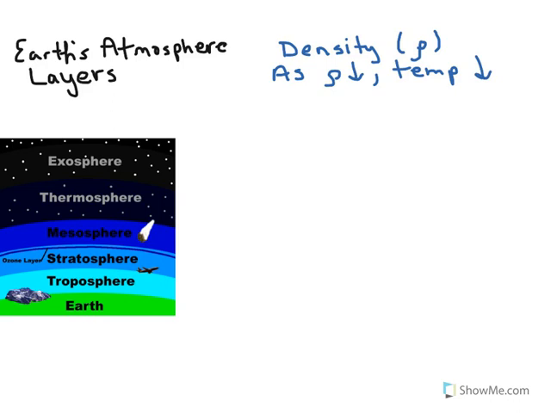Because as air density gets lower, its ability to hold heat decreases. And if that's all there were to our atmosphere, then the higher up you go, the lower the density, the lower the temperature. However, there is a second factor that affects air temperature, and that is light absorption.